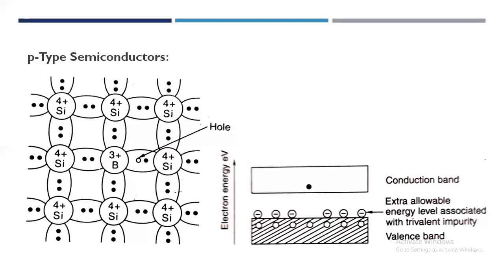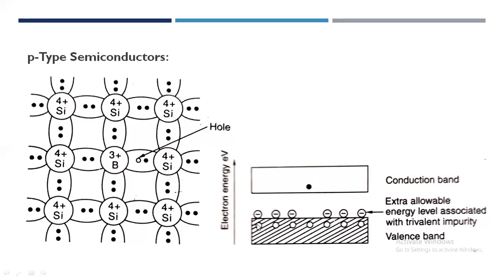When this happens, the impurity atom boron establishes covalent bonds to the 4 nearest silicon atoms. It then becomes an immobile negative ion embedded in the crystalline structure. In this energy band diagram, you can see the valence band and the conduction band.